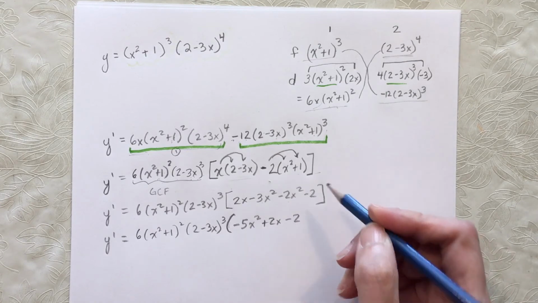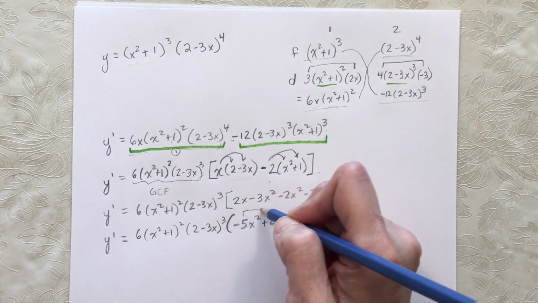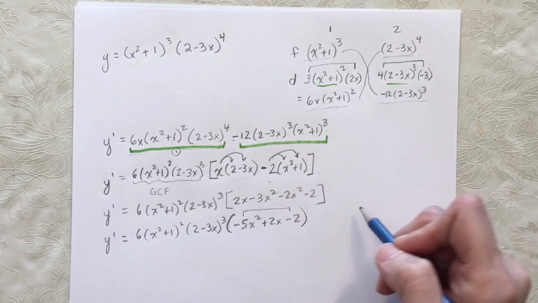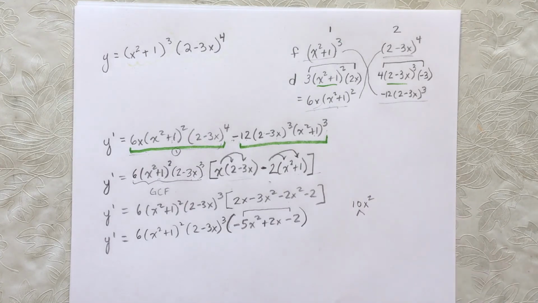So I'm making it look like a trinomial. And then I could see whether that complex trinomial could be factored. If it could, there'd be two terms that multiply to give you positive 10x squared and add to positive 2x. There aren't two such terms, so now it is in simplified factored form, and you're done.